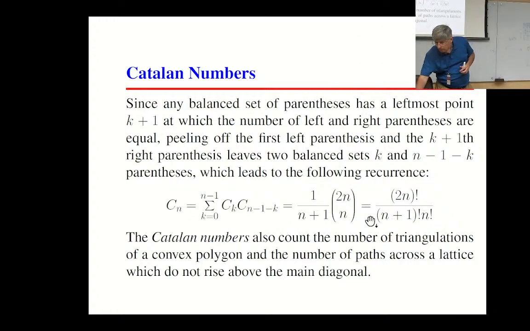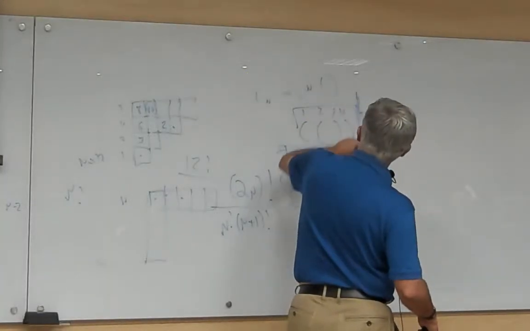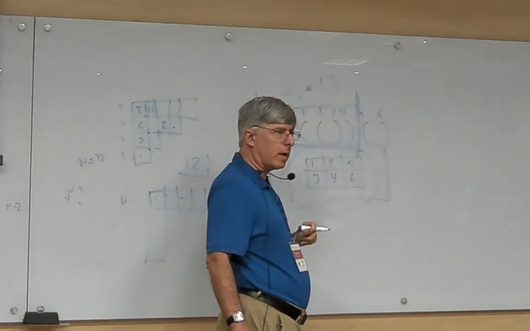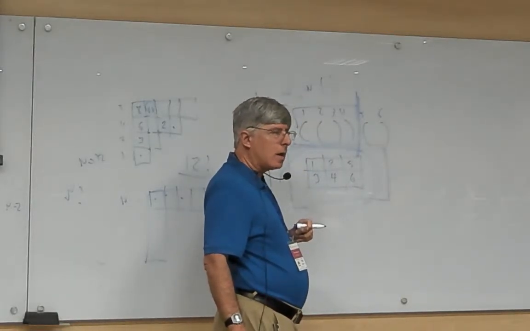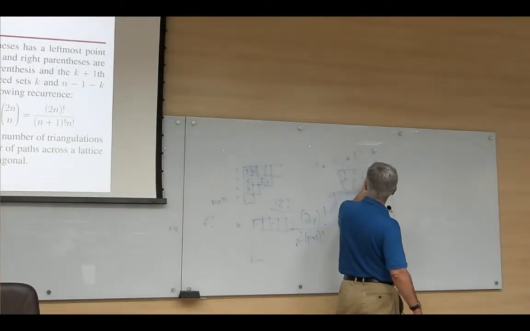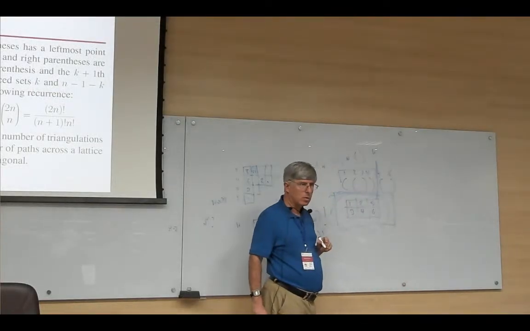What is the recurrence relation? In any legal parenthesization, there is a first place where it is perfectly balanced. Does everybody agree? Suppose the balance point was after k pairs of balanced parentheses.